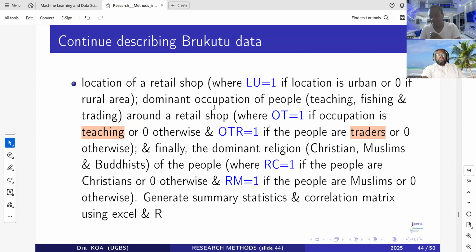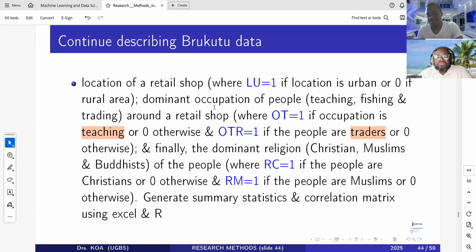Which religion is a reference category? It's those that are not Christian, that is Buddhist and Muslims. Yeah, but then we always have one as a reference category. So which one? You got to read the instruction here.